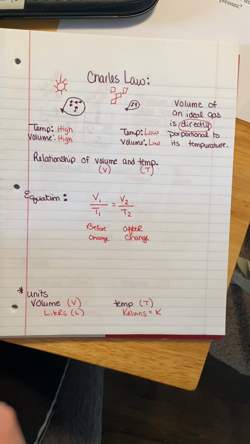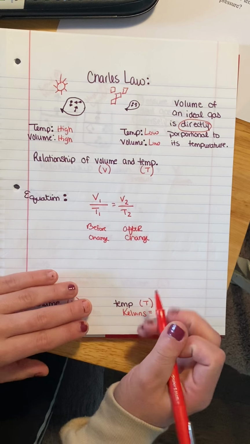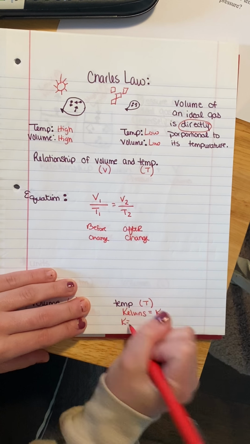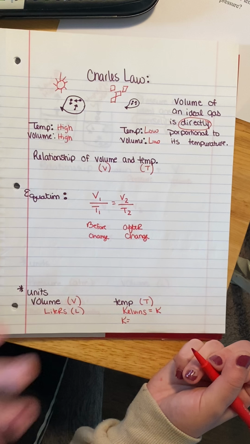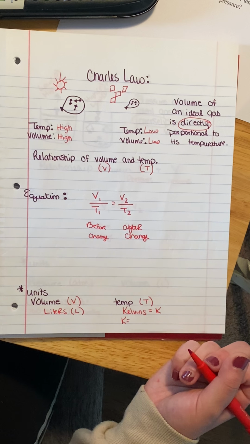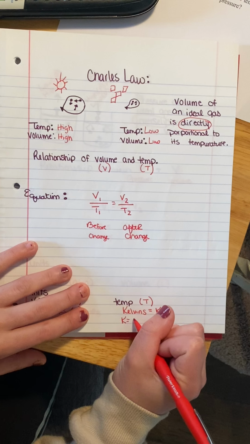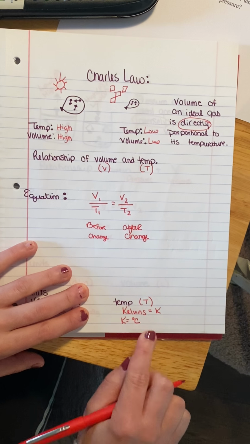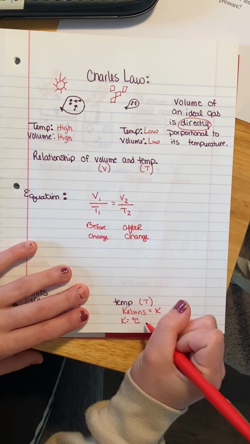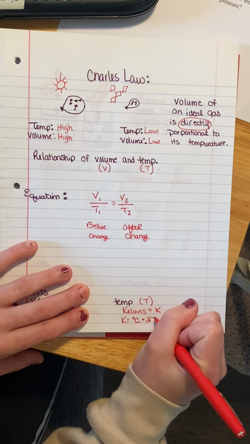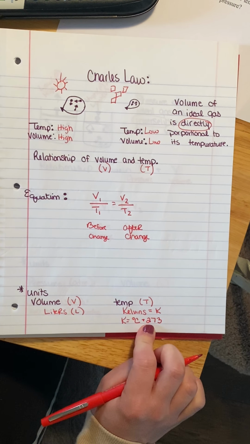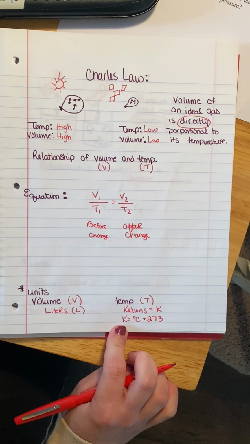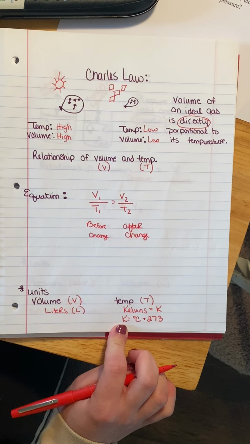Now, a lot of the times you'll be given Celsius, so you actually have to calculate kelvins. Kelvin is equivalent to degrees Celsius plus 273. There's no degrees for Kelvin. So if you take your degrees Celsius and you add it to 273, you will get your temperature in kelvins.